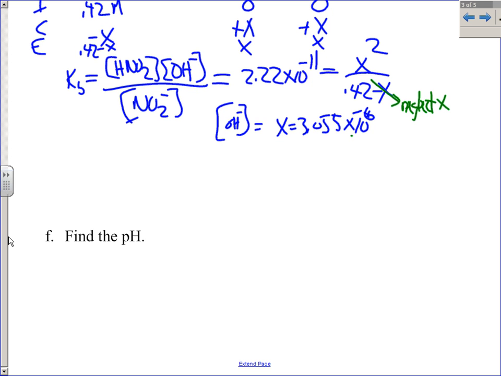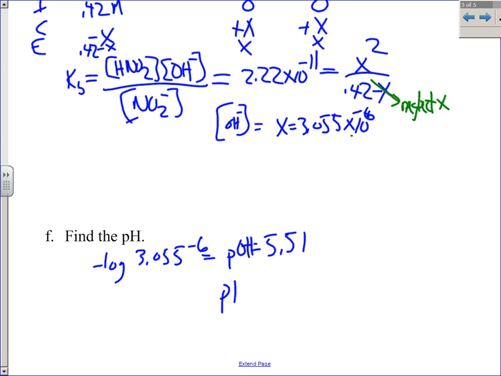Now, to finish the problem off, they ask me what the pH is. Well, if I know that's my OH minus, I can take the negative log of that value, 3.055 times 10 to the negative 6, and calculate pOH. When I do that calculation, I get 5.51.